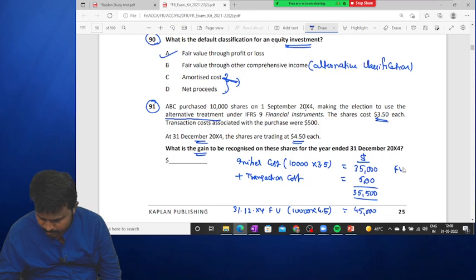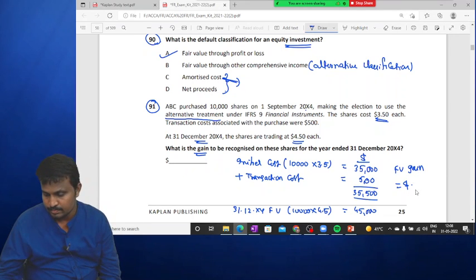Gain. What is the gain here? 45,000 minus 35,500 is 9,500.